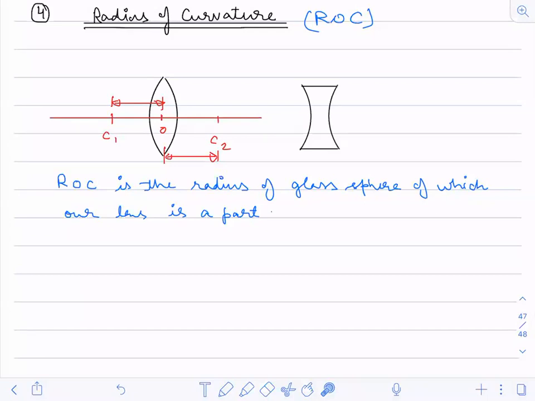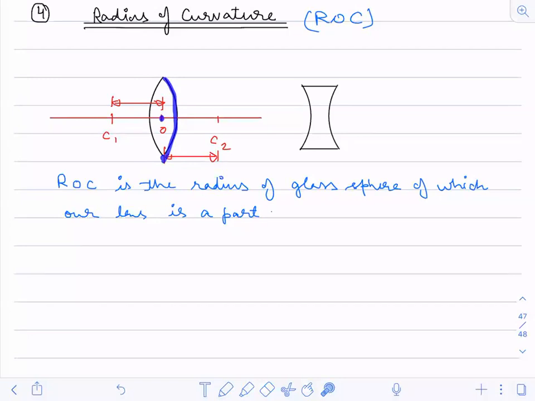Can you tell me whether the distance between the optical center and this curve is very, very small, or is it a finite distance?